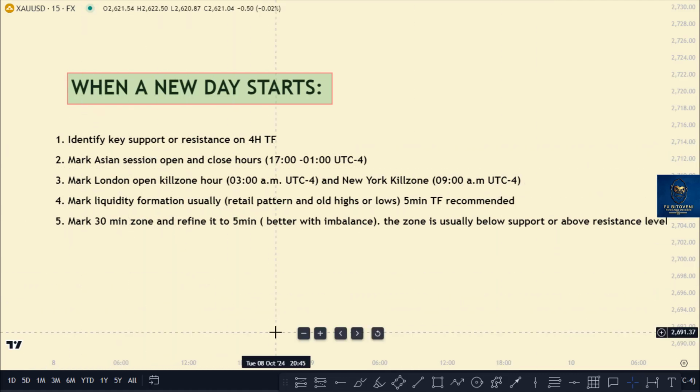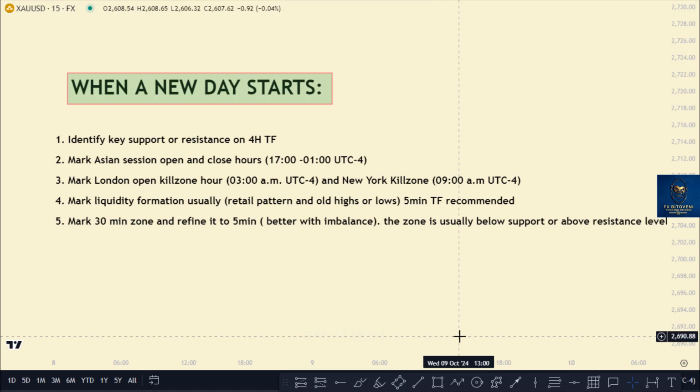Identify key support and resistance on a 4-hour time frame. Mark Asian session open and close hours, that is 17 to 1 a.m. UTC -4.